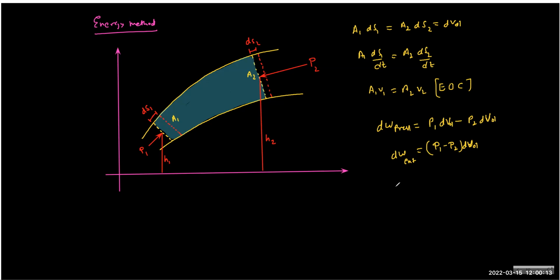And the other thing is, what is the work done by gravity? Gravity is also active, which we can show here. You can see the system has slightly moved upward, right?